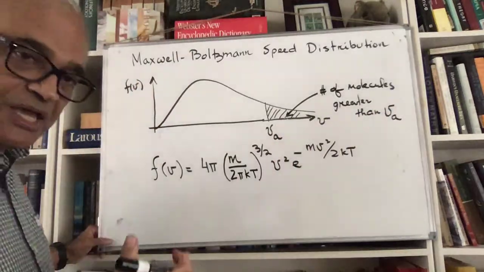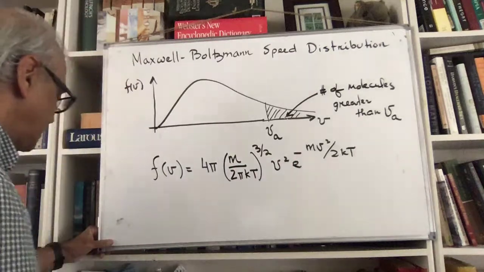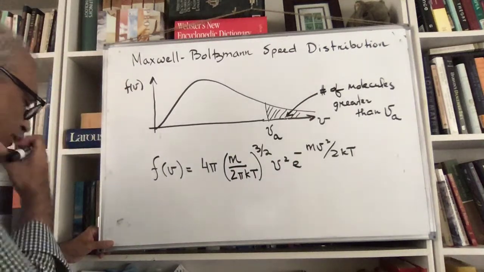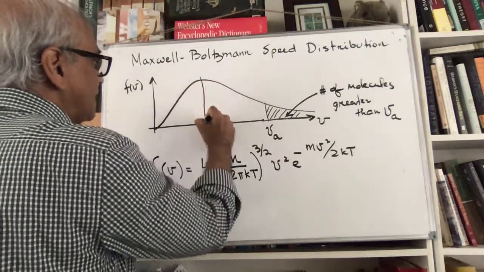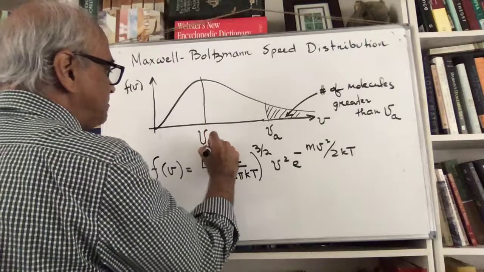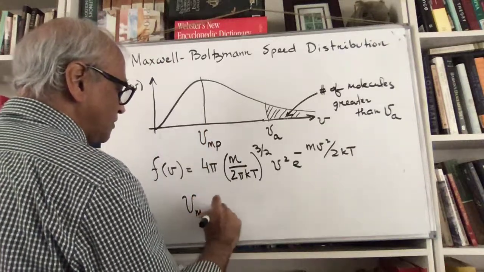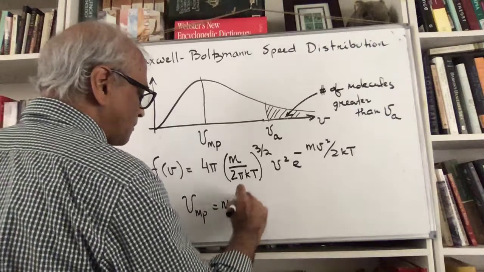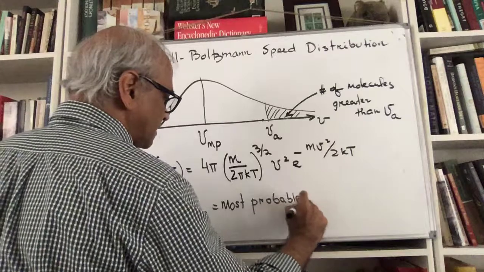As I said, vA is like 500 meters per second or a kilometer per second. Right here is my vMP. What does vMP stand for? vMP stands for most probable velocity.